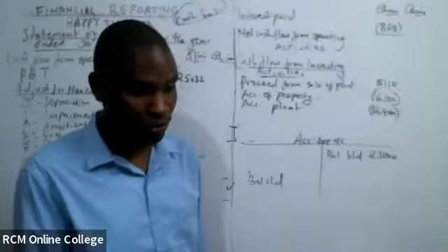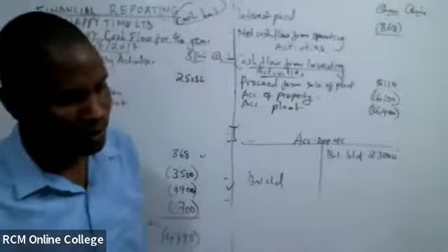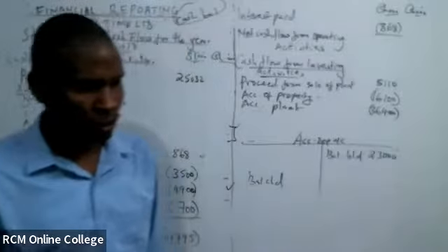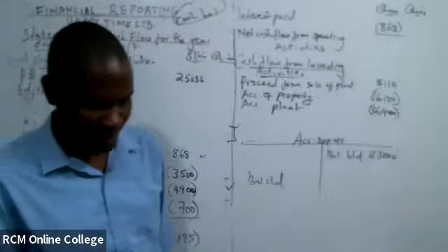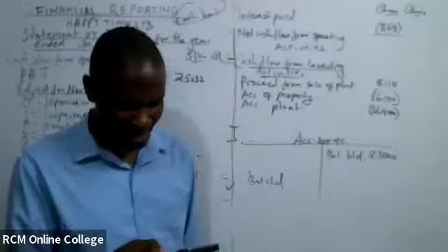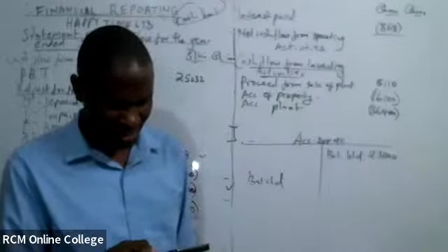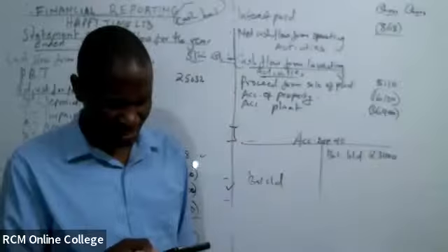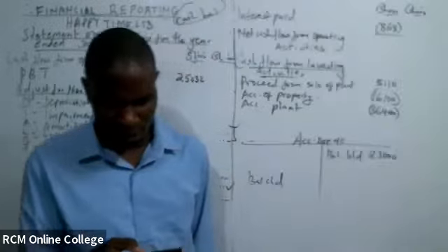I hope you're able to see it. Tuone hapo kidogo. 28,800. Ukweli 28,800. Na 75,600 minus 23,000 inatupatia 51,800 kweli.